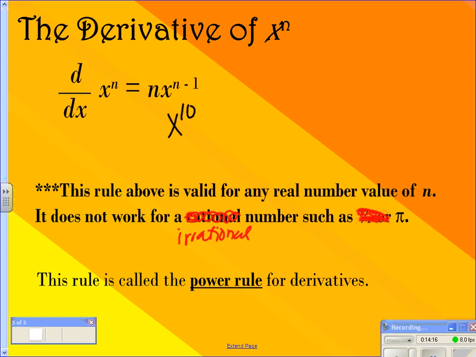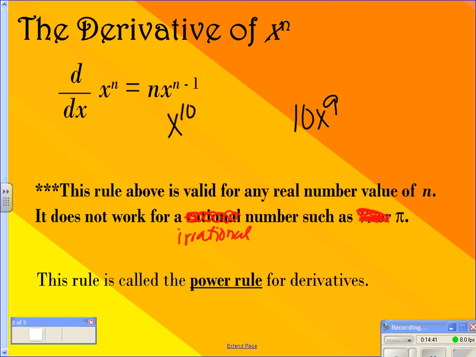Let's say we have x to the 10th. What would be the derivative of x to the 10th? 10x to the 9th. Does that make sense? Whatever your power is, you bring it in front and you subtract 1 from the exponent. Does that make sense?